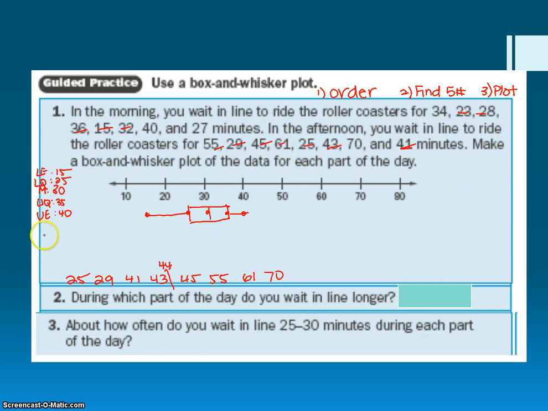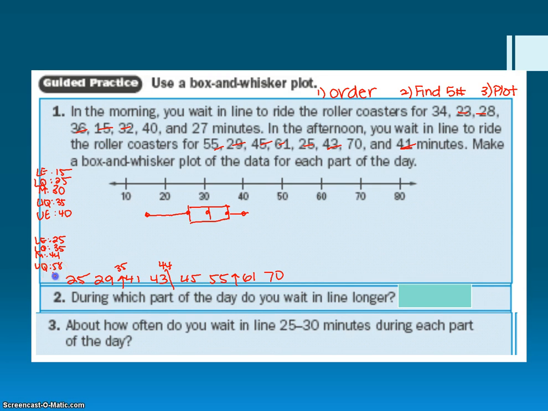So this time the median is 44, the lower extreme is 25, and the lower quartile will be in between 29 and 41. Add them together, divide, it's 35. The upper quartile is between 55 and 61, which is 58.